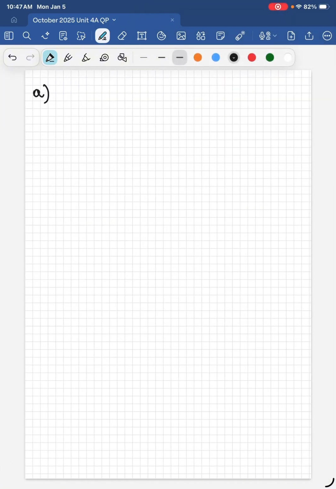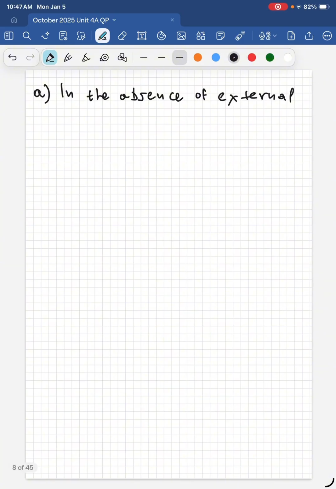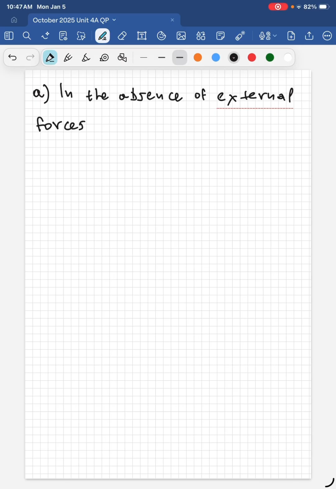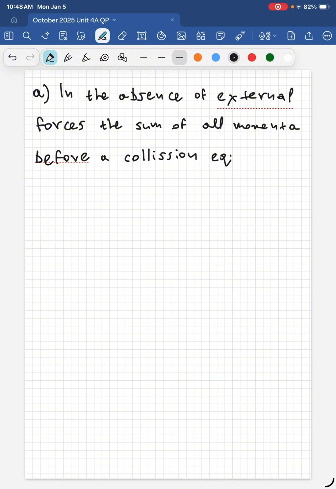Okay, so we can write in the absence of external forces, the sum of all momenta before a collision equals the sum of all momenta after the collision.